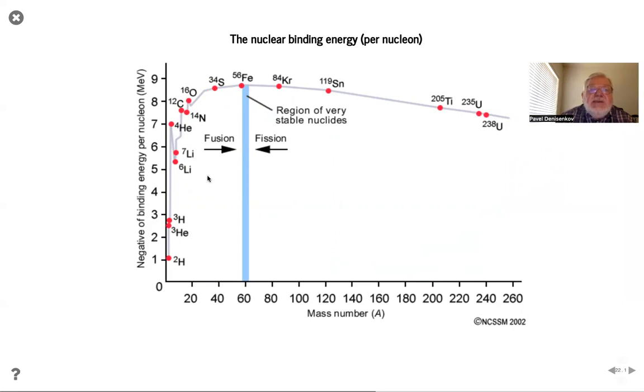This means that we can produce elements by fusion up to the iron peak with a release of positive energy. So thermonuclear fusion reactions can provide stars with energy only until we reach the production of iron.